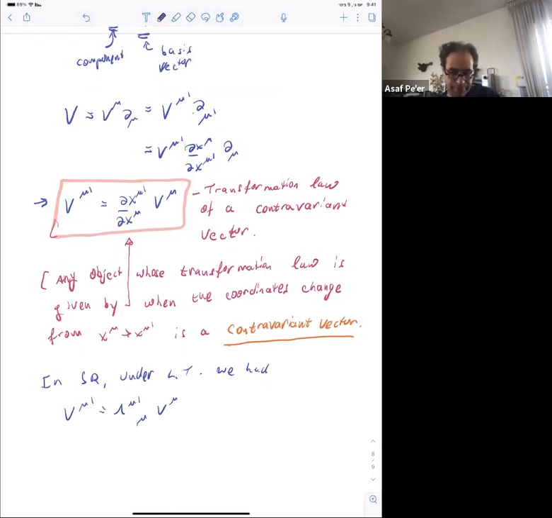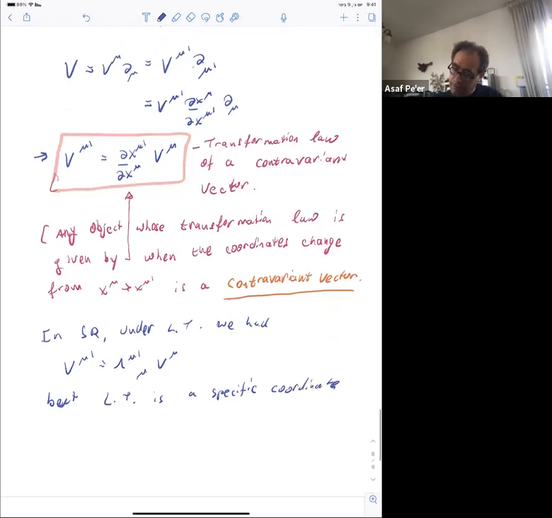But the Lorentz transformation is just a specific kind of coordinate transformation: x^μ' is just Λ^μ'_μ x^μ.